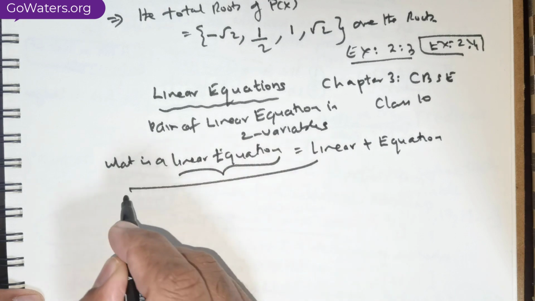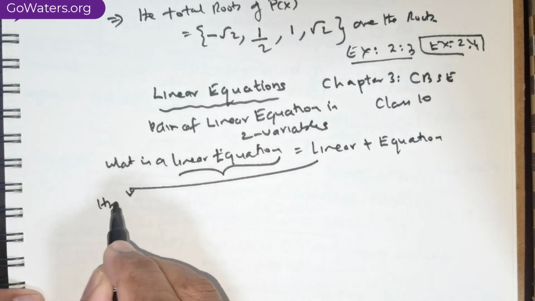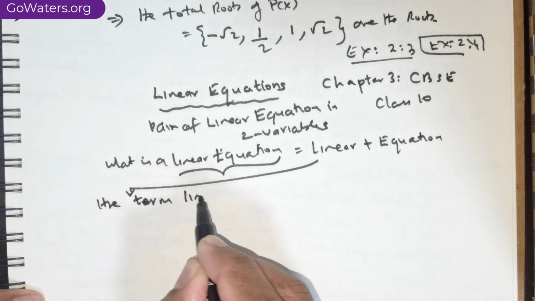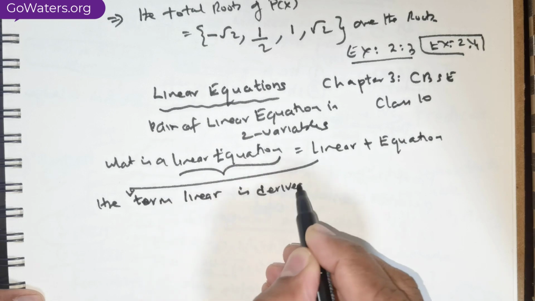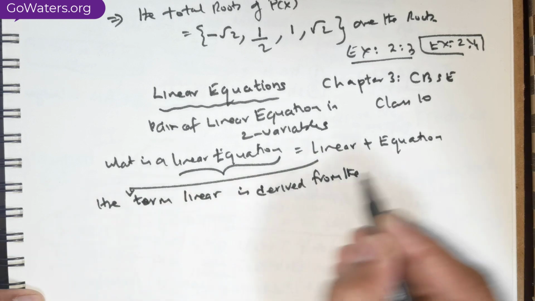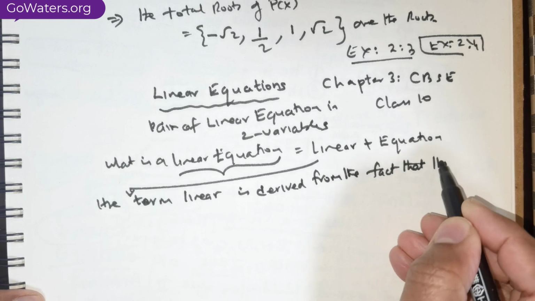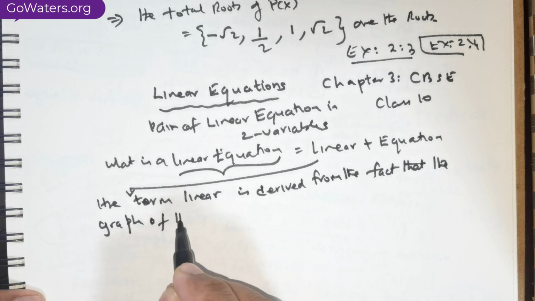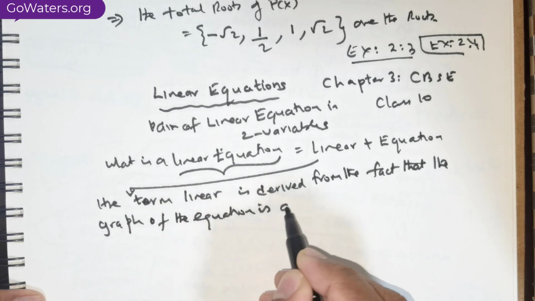Now linear means, if you were to draw the graph, let me write it down here. The term linear is derived from the fact that the graph of the equation is a straight line.